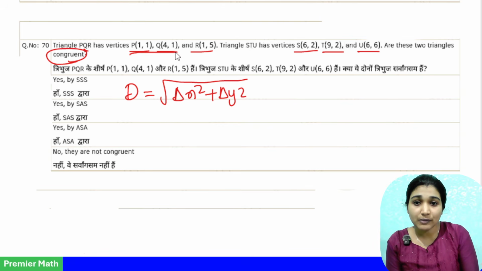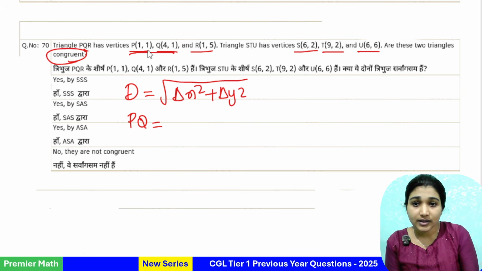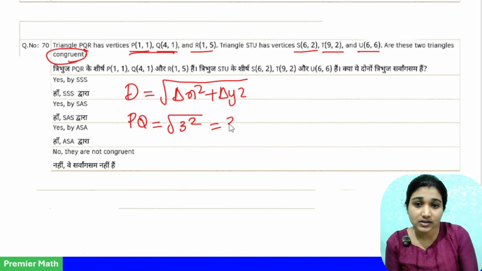Now, if you take PQ, the y coordinates are equal, so let's ignore y. Then delta x means 4 minus 1 is 3, so root of 3 square is 3 itself.